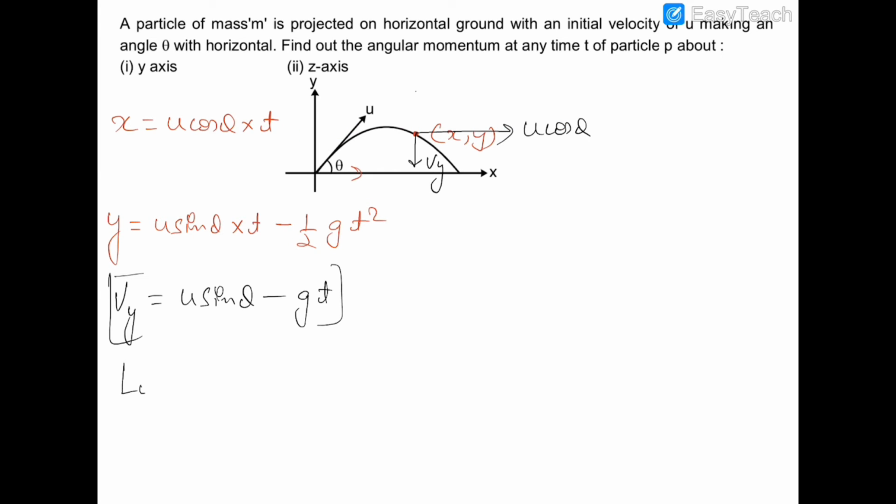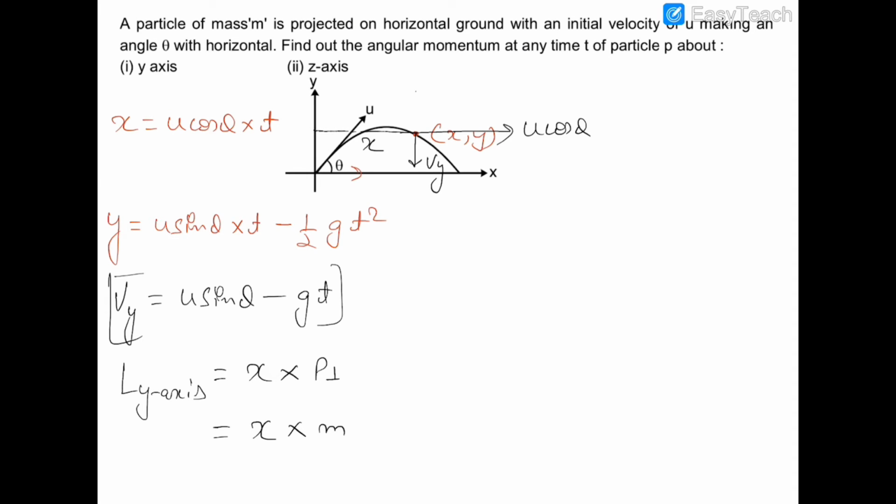So angular momentum about the y-axis would be only the perpendicular distance of that particle from the y-axis, which is x, multiplied by p perpendicular.